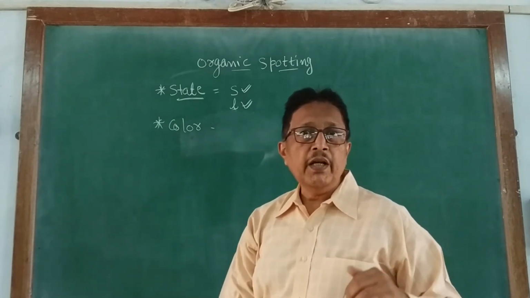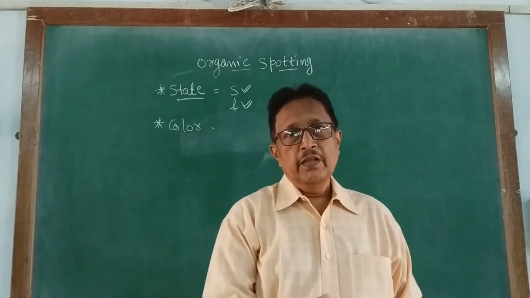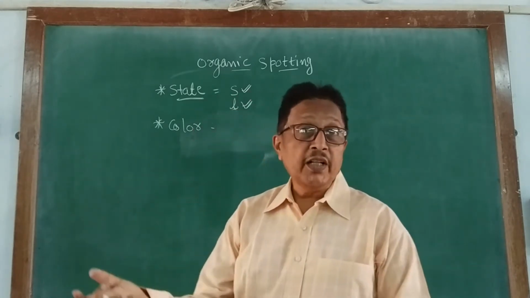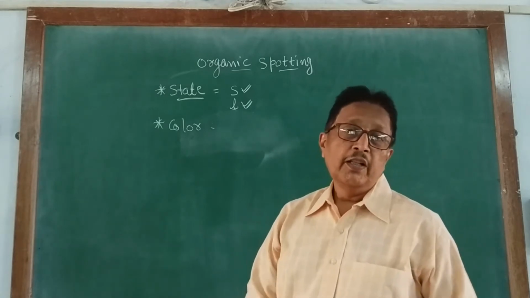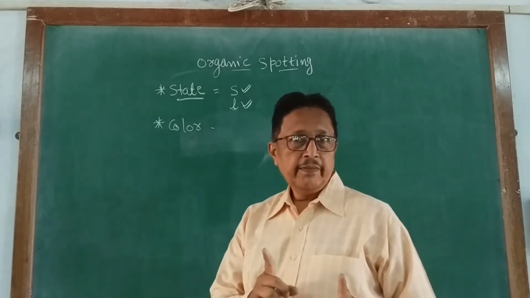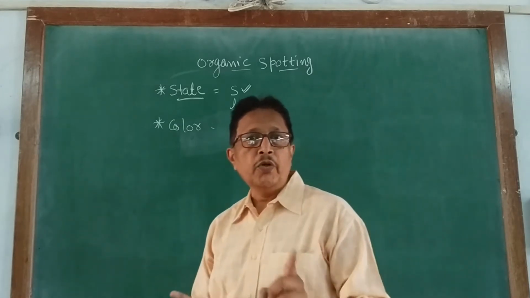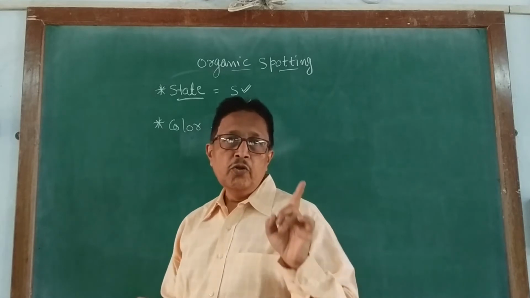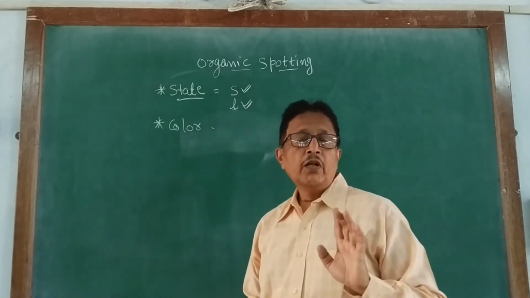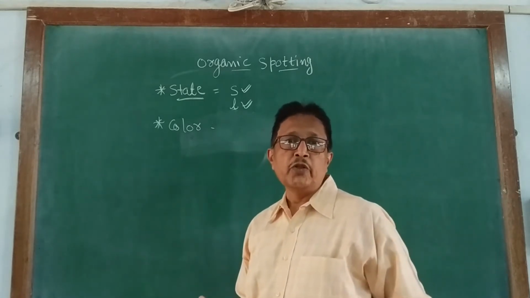So they ask the nearest person, please check which color is that. It is not like that. You must observe the color on your own, recognize it and write it. Don't ask anybody standing nearby.